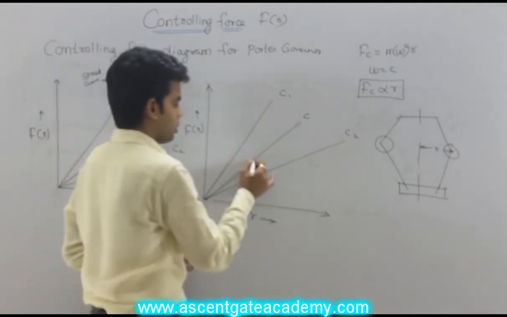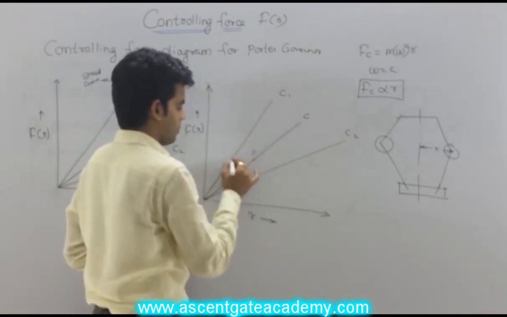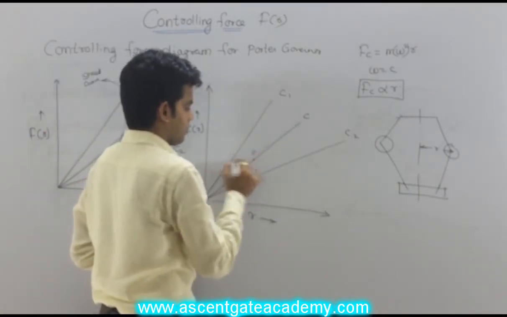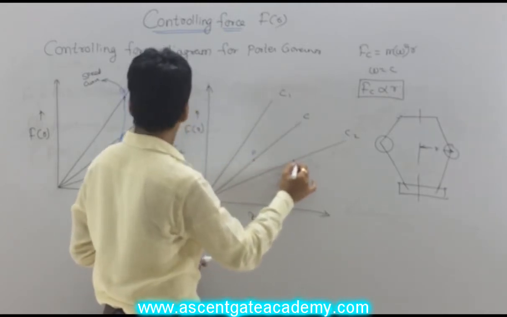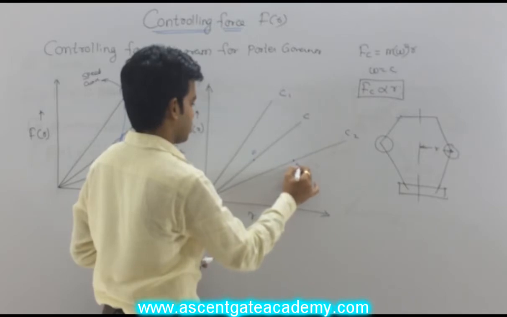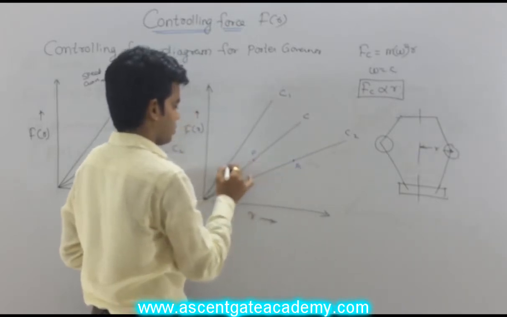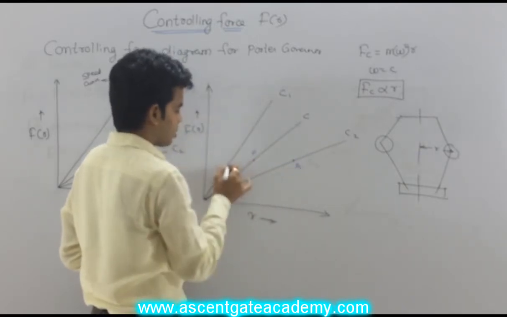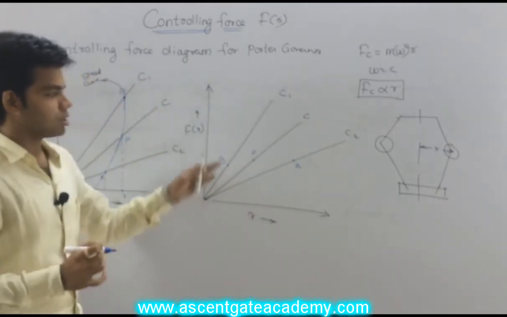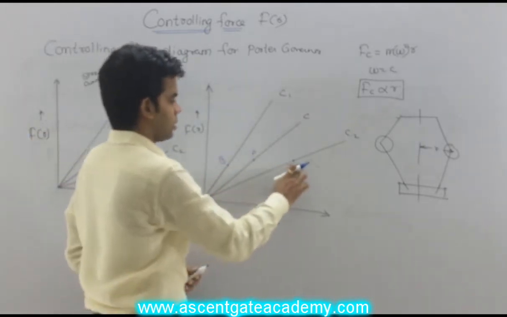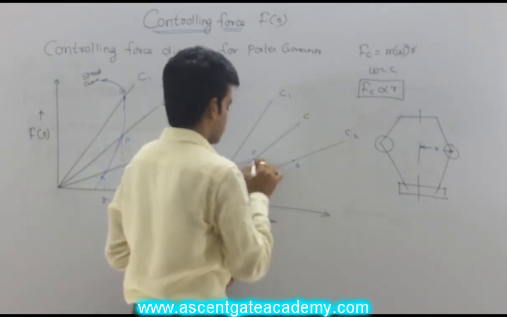Now this is suppose point P. If I am increasing the speed, the point is shifting here to point B, and if I am decreasing the speed, the point is shifting to point A. Okay, and if I draw the curve, it will be like this.